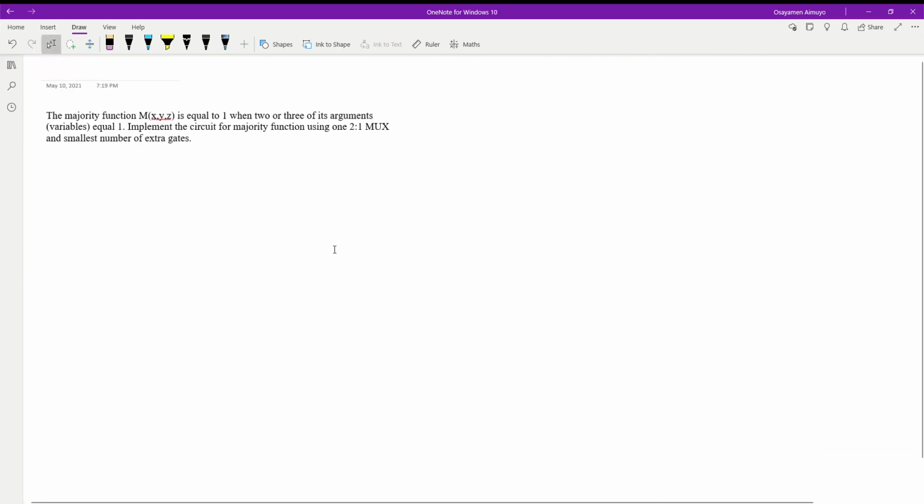Alrighty. We have the majority function. The majority function is equal to 1 when 2 or 3 of its argument variables equal 1, and so on and so forth. Okay, let us see what can be done here.